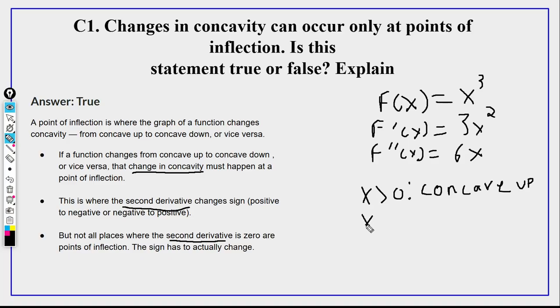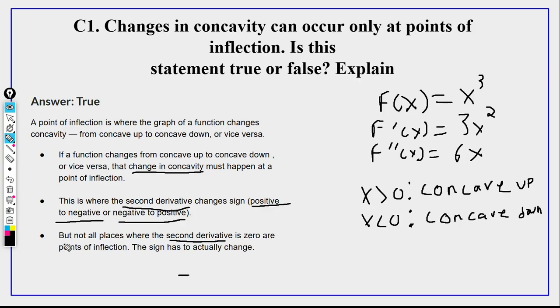And then x less than 0, we'll do concave down. And this explains this part right here. Because this is less, so that means it's negative. See, positive to negative, or negative to positive.